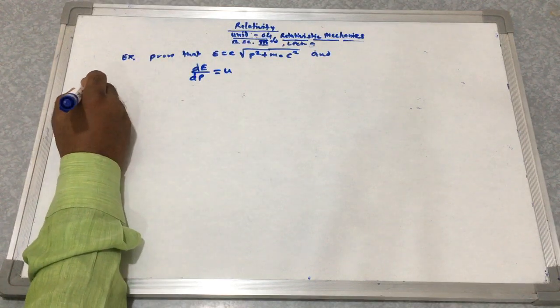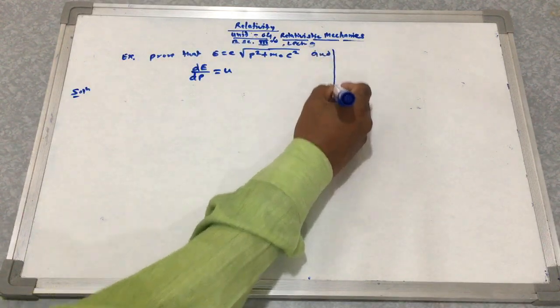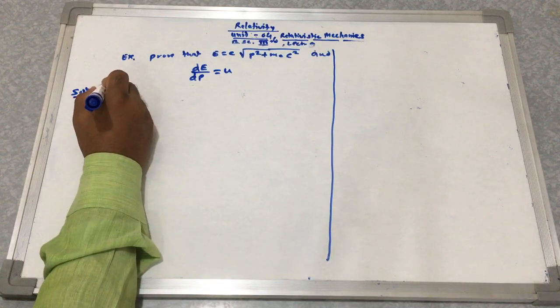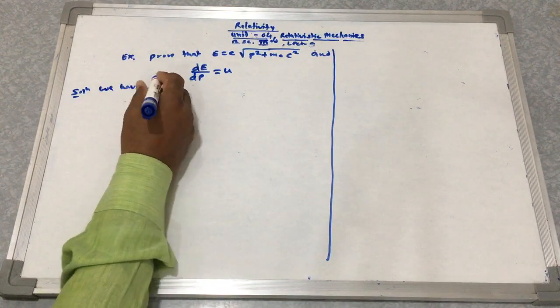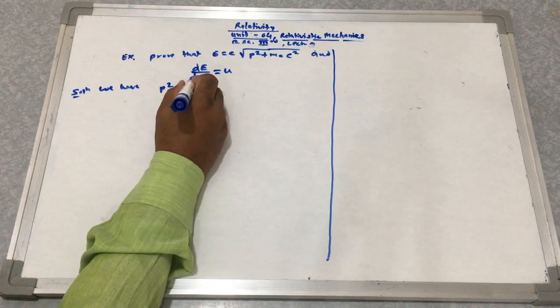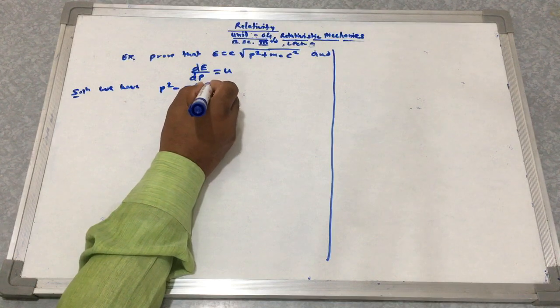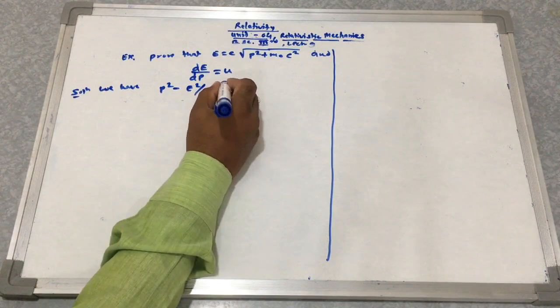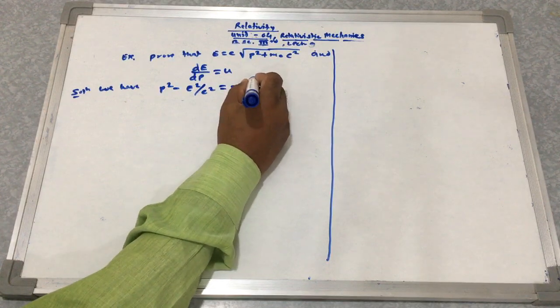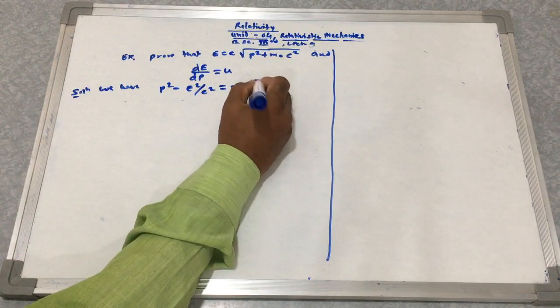So in the solution, we have P square minus E square upon c square is equal to minus m0 square c square.